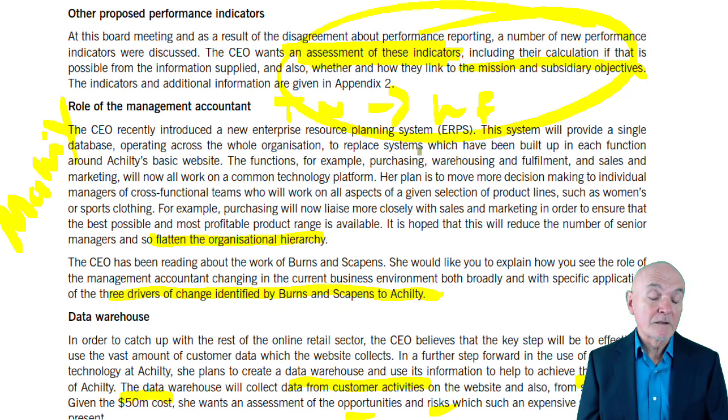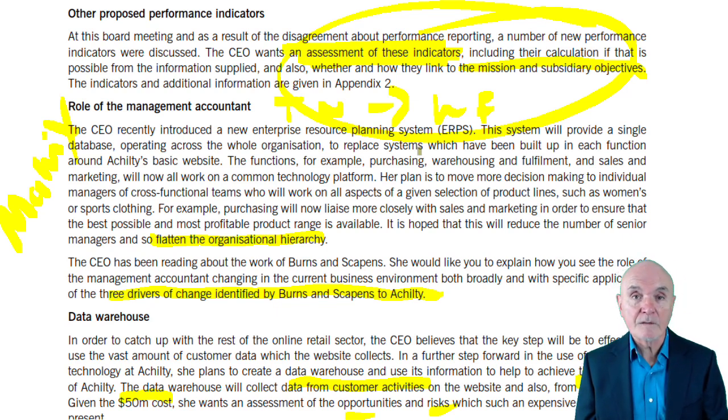Secondly, as we've mentioned a little bit already, there is the management structure. We have a flattening. We have a matrix structure. We have people working in cross-functional teams. So you might have a team looking after women's clothing.